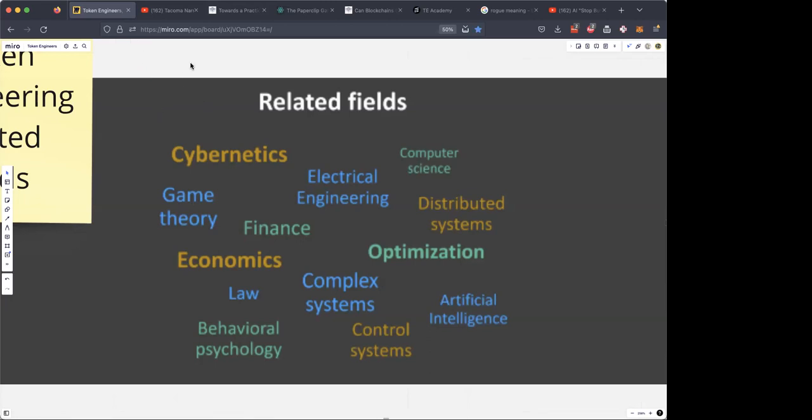And token engineering is the same. We have some behavioral psychology next to it, and we have some values. People put values on the tokens, and it can be everything and it can be nothing at all. So they are very similar in that case.